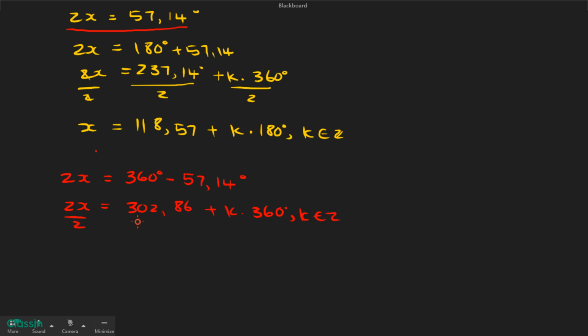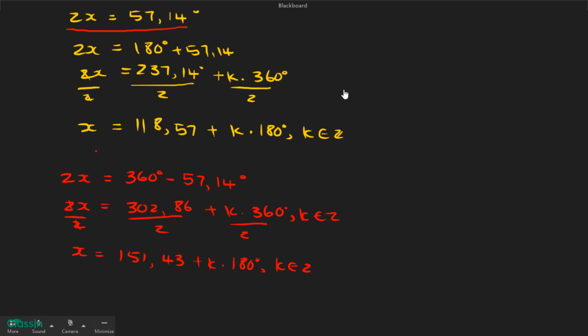We divide everything by 2. This will cancel that. We are left with x is equal to 151,43 plus k multiplied by 180 degrees, where k is an element of integers.